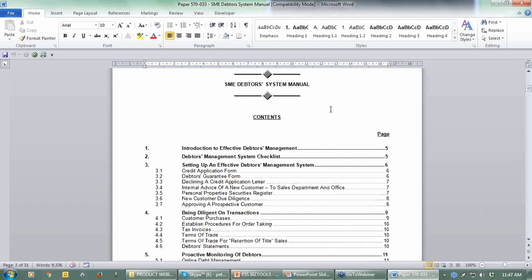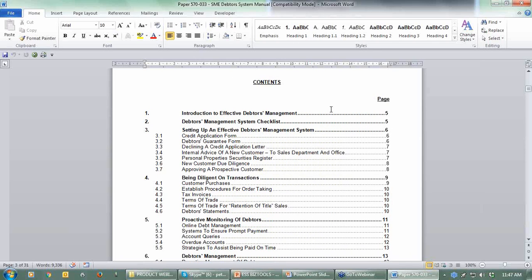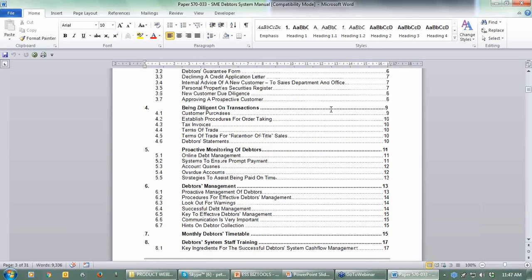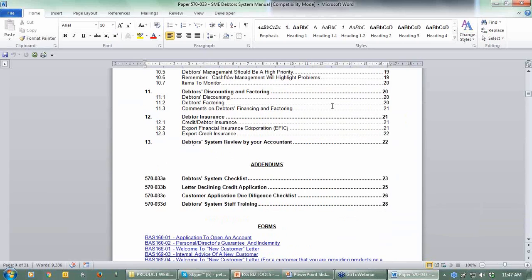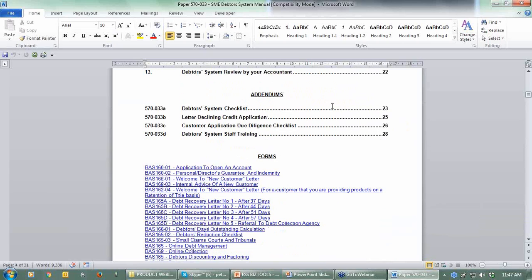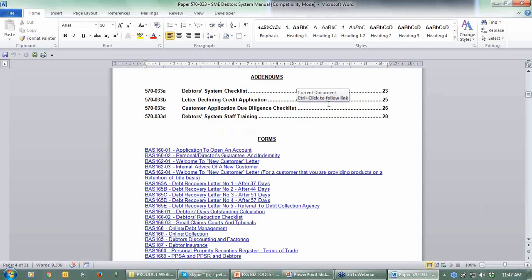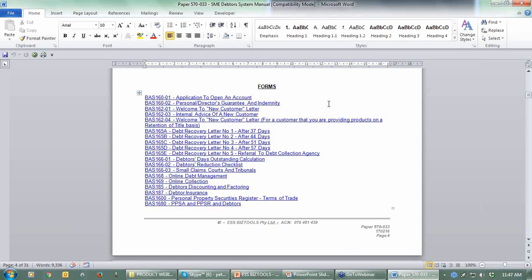And there's those key headings that I just referred to, and obviously there are subheadings under each of them. We have written this system in such a way that you can edit it to then be applicable to most SME businesses. There are various forms that are part of the document.